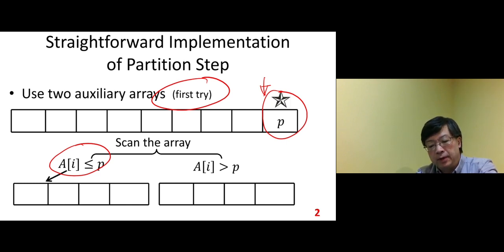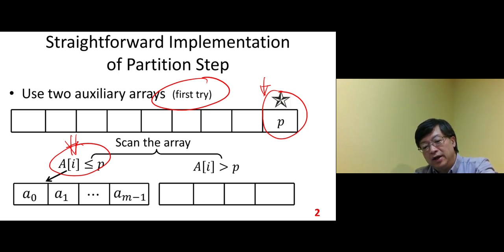For the first case, A[i] less than or equal to p, let us pack it in the first auxiliary array, one by one, so eventually we get a whole array with all the elements less than or equal to p.